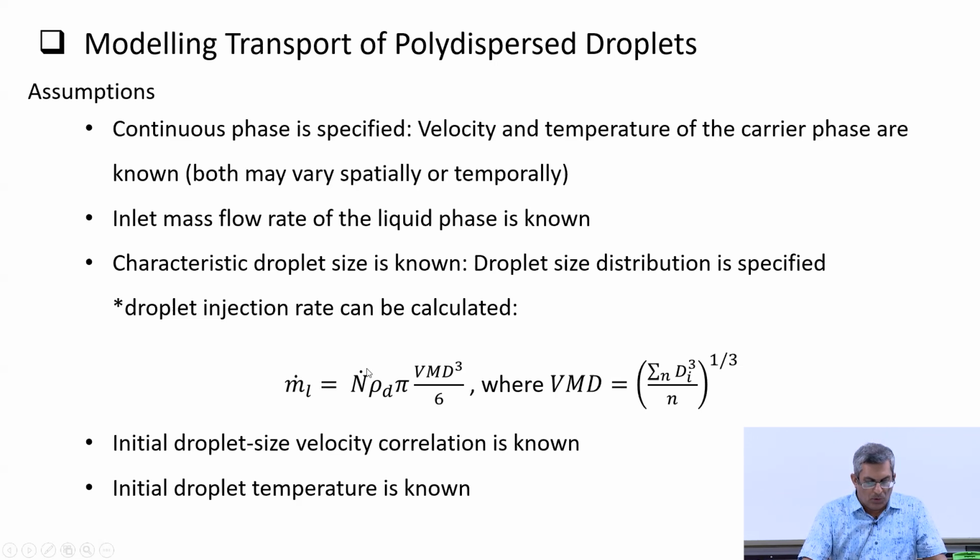Once we know this, by assuming some theoretical size distribution, for example, the Rosin-Rammler distribution, we can calculate how many particles of a given size we are injecting. And in that case, we have to consider the transport equations for particles of different size.